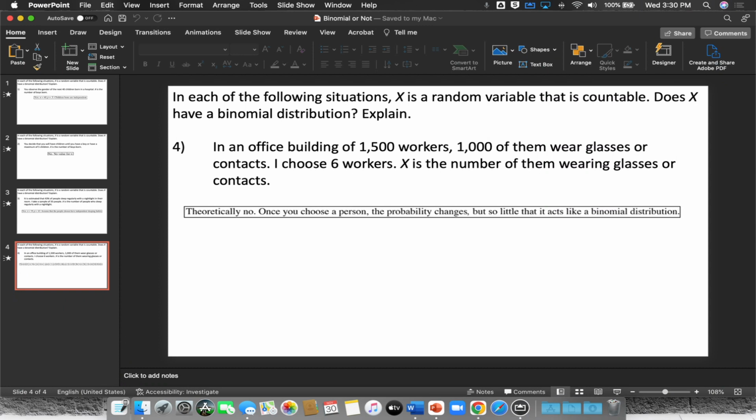Just the office building. That population is a lot smaller. If the population is really, really small, then yeah, it'll affect. But if the population is huge, it doesn't affect the probability. That's the reason why it's binomial, okay? That's the reason why it's okay on the problem we're going to do, but it wasn't okay here.